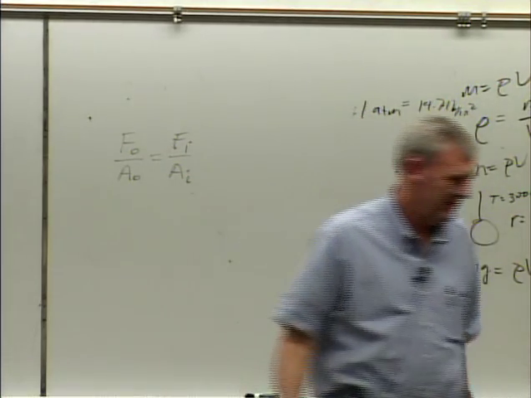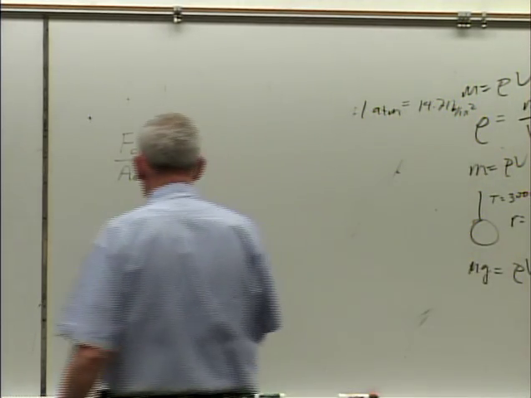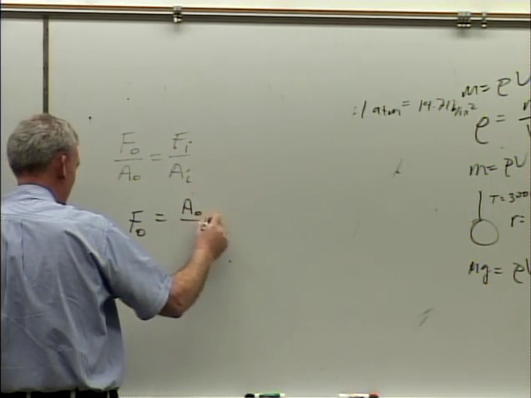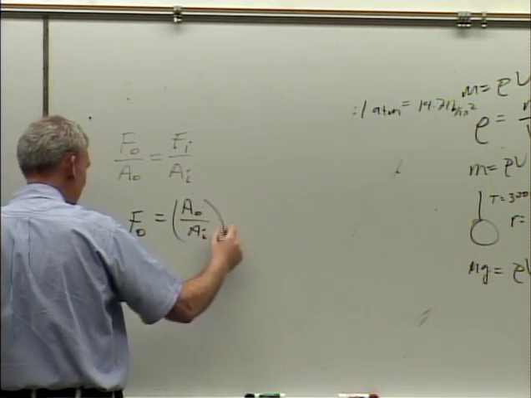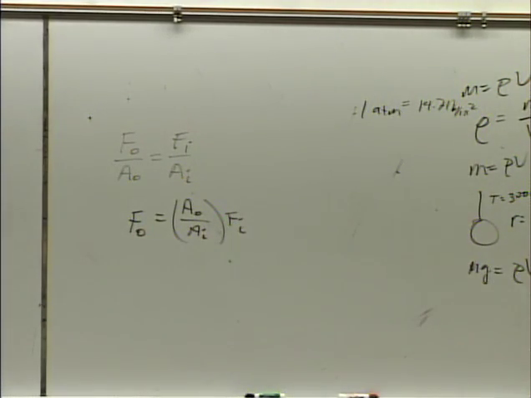Now, so what does that mean? Let's just read the problem then. So we can also get the output force, there we go, is equal to A naught over A i times F i. All right, so let's say I've got a garage lift that has input and lift output pistons with diameters of 10 centimeters and 3 centimeters.